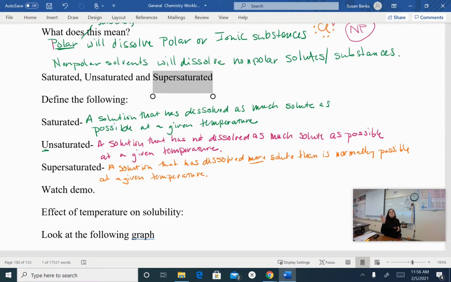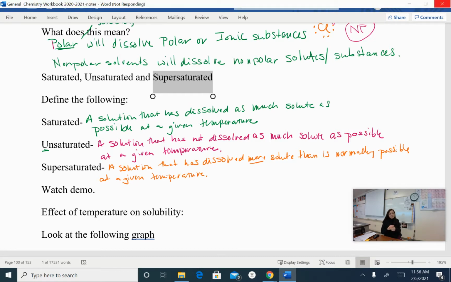And then you cool it down so that that sugar stays in that solution. And you usually cool it down to the point that you can make either hard candy or rock candy or something like that. So if I heat it up and then cool it down gradually without disturbing that solution, I can usually keep that extra solute in solution.